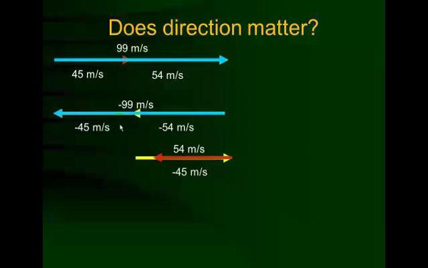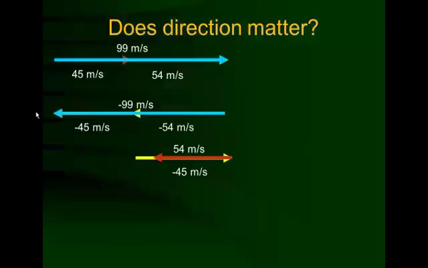Okay, here we go again. Does direction matter? Well, let's say that the wind speed is 54 meters per second to the east, but the airspeed of the plane is negative 45. It's 45 meters per second to the west. So what we have there is the plane is trying to fly against the wind. The wind is blowing to the east.